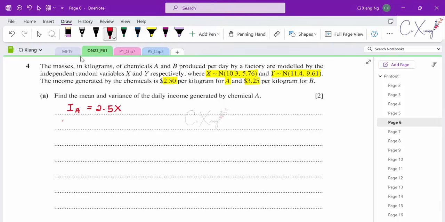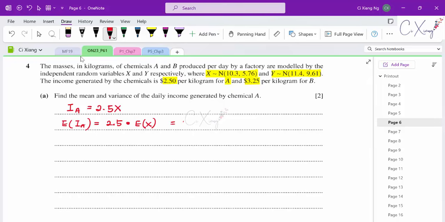Then how can I calculate the mean for the income from A? It should be 2.5 multiplied with E of X, the mean of X.